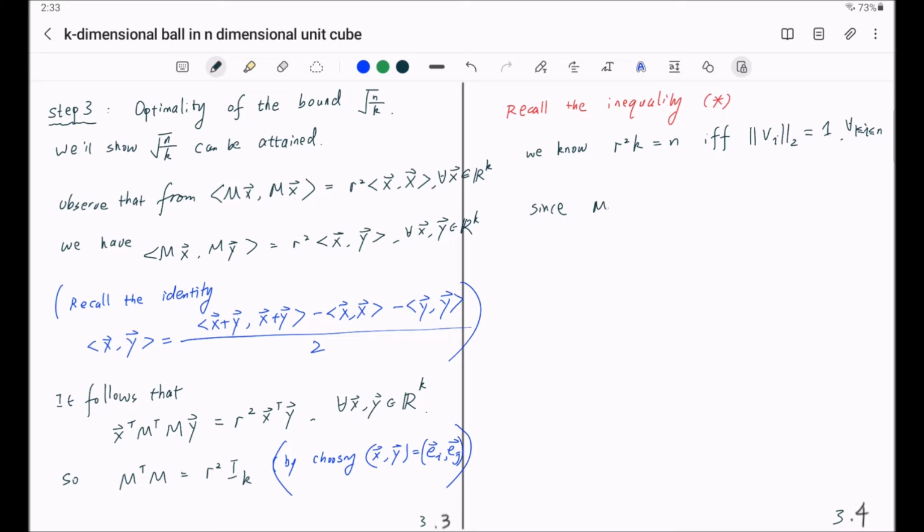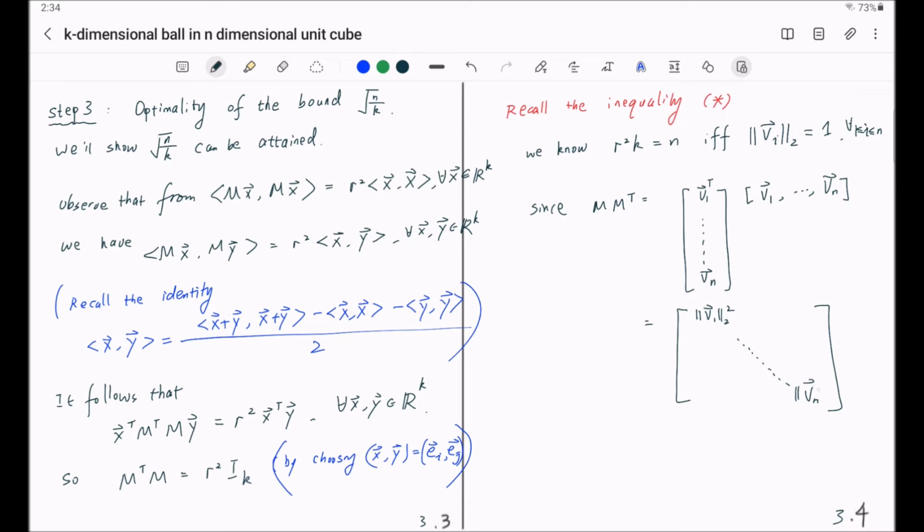Since M M transpose, because M transpose is this matrix, and M itself is its transpose, we observe that on the diagonal, we get the squares of the norms of v sub i.